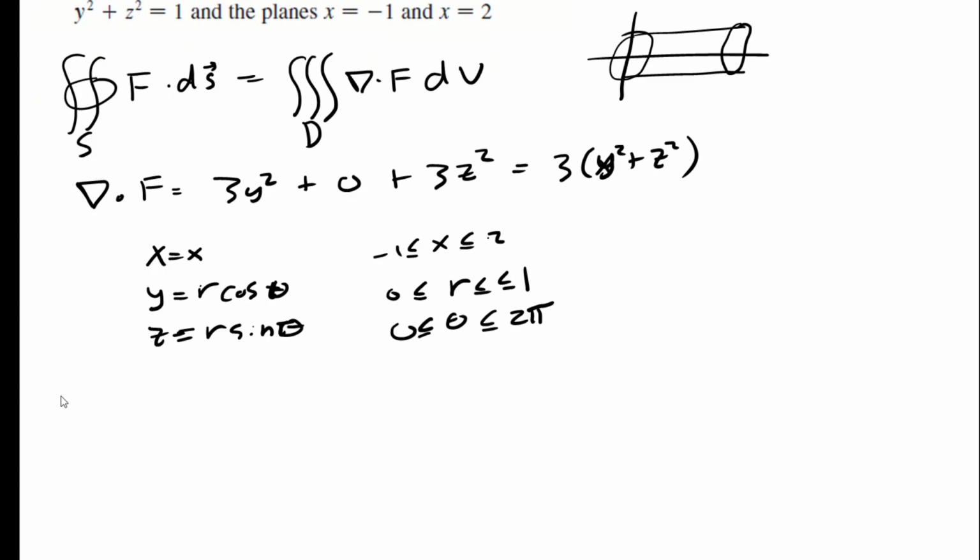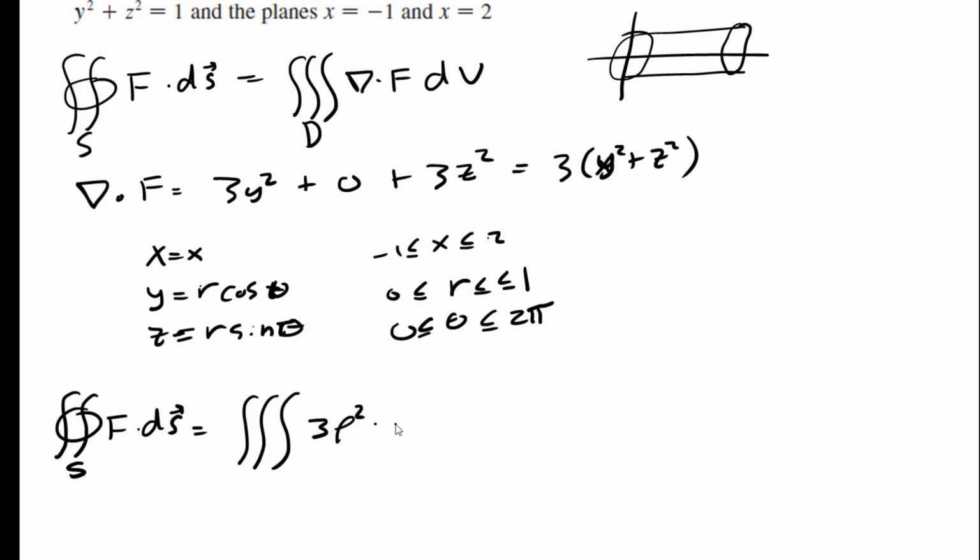So I want to integrate this. This becomes the triple integral of 3 times y squared plus z squared, that's going to be r squared, times r, r dr d theta dx. This goes from 0 to 1, 0 to 2 pi, and then from -1 to 2.